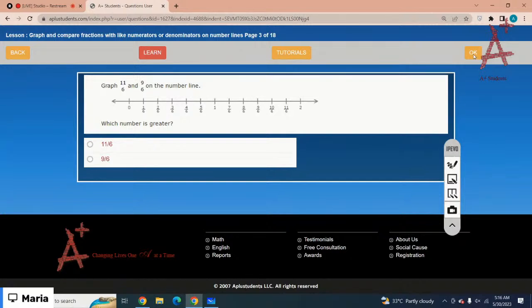You have 11 out of 6 and 9 out of 6. You need to see which one is greater. Obviously 11 out of 6. Got it?